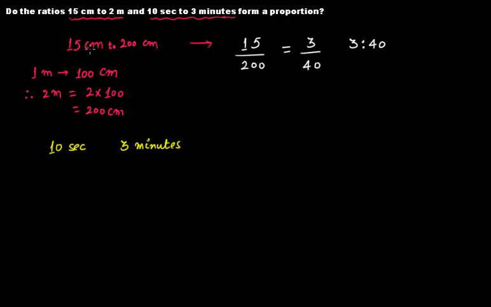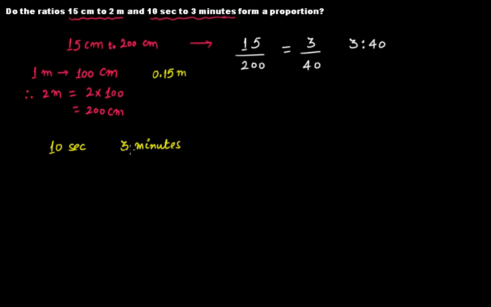Then when you convert 15 centimeter into meter, you'll get 0.15 meter. And you'll have to deal with decimals, and that will make our calculation a little bit complex and difficult. So in order to avoid dealing with decimals, I have converted meter into centimeter.